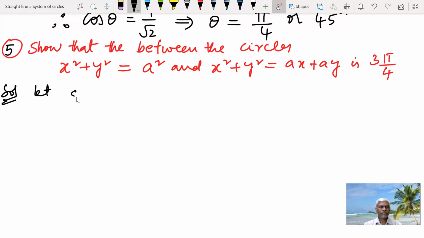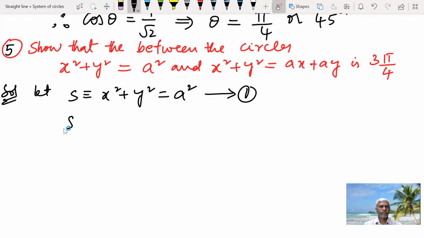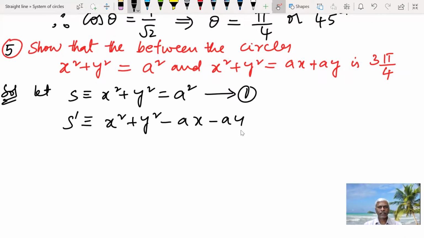So let the first circle be equation 1 and the second circle be equation 2: x square plus y square minus ax minus ay is equal to 0, bringing ax and ay to the left side.